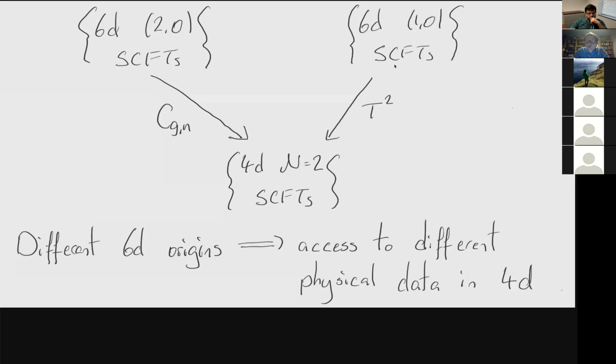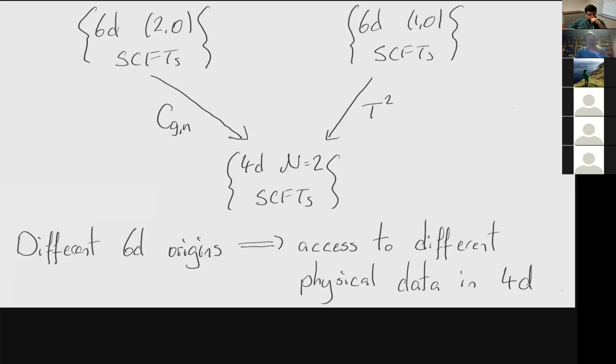But the Riemann surface does not appear over here. So data which might be obvious over here can be hidden in the construction over here and vice versa. So having many different origins of the theory can give you an easier way to access different pieces of data of the theory.